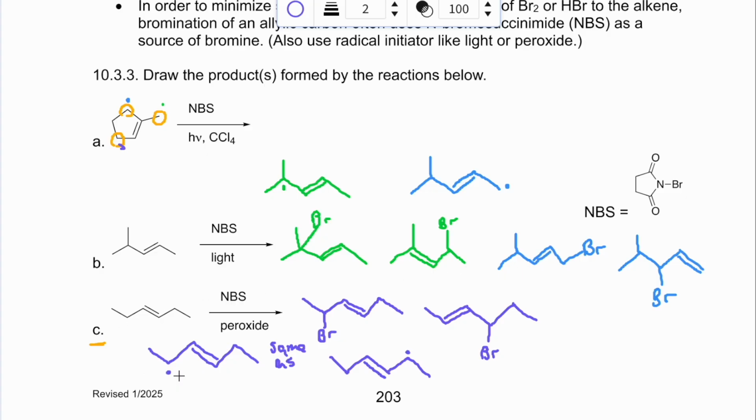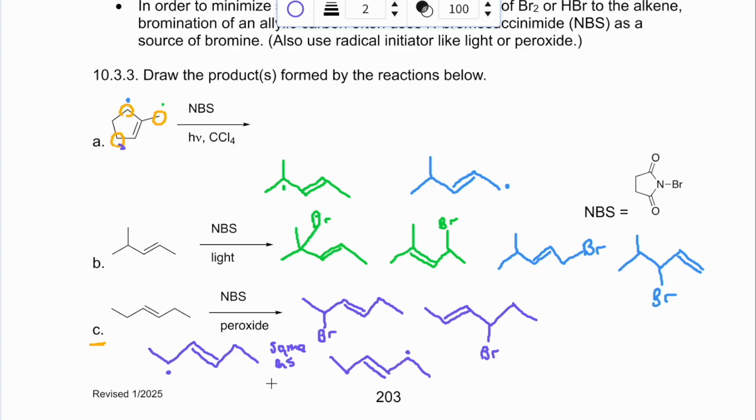For C, we only really have one radical that can form. I've drawn 2 drawings down here, but they are actually the same because of the symmetry of the molecule. If you just take the second thing that I've drawn, rotate it 180 degrees either way, clockwise or counterclockwise, you have the same thing that I drew on the left.